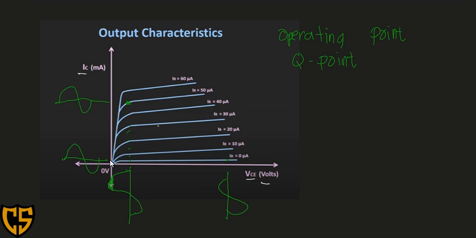Take note, your signal goes beyond here, so this will be clipped at the same time at this part. So since it goes beyond, there is clipping that happens to our signal.